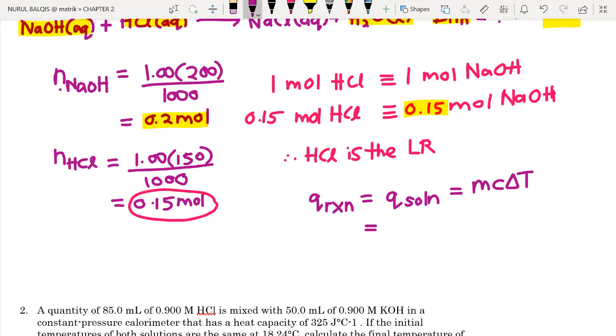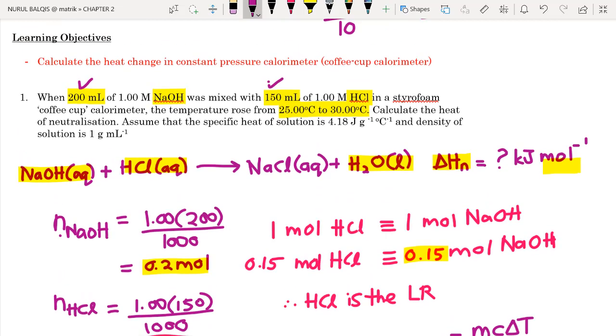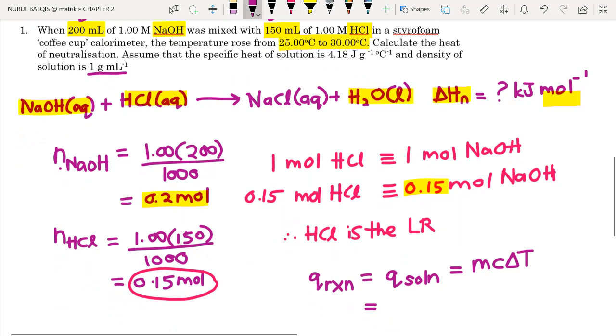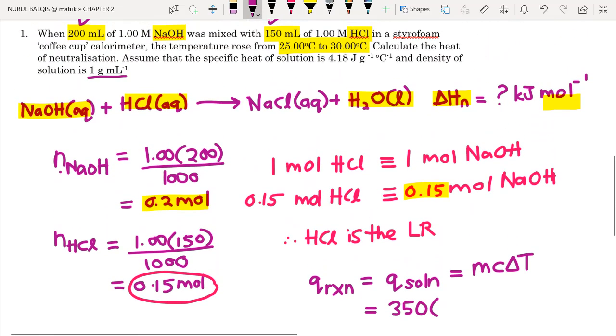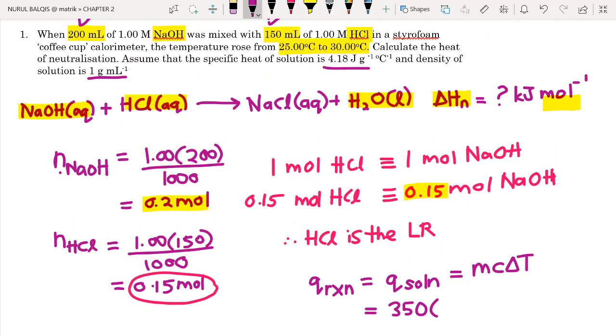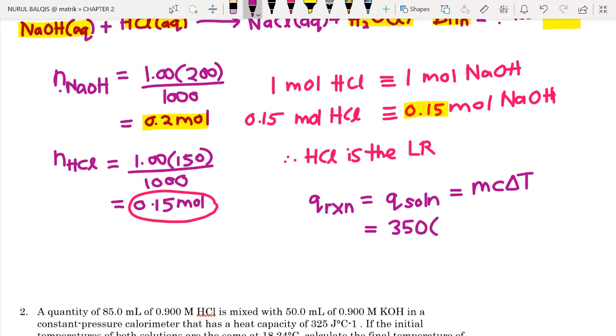Our mass now is simply adding these two values, 200 ml and also 150 ml. And since they already tell us that the density is 1 gram per ml, we can cancel out the ml, and this total volume will immediately become the total mass. So we have 350 gram times our specific heat capacity, which is 4.18 joule per gram per degree Celsius.